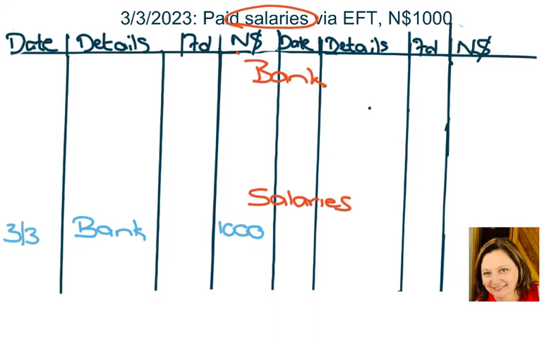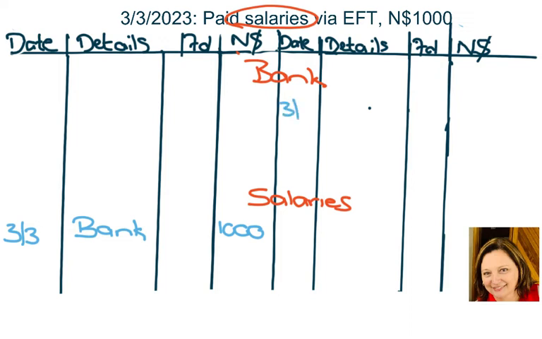My next entry, remember, for every transaction I need 2 entries. So the next one is in the bank. The bank is also a form of an asset, but now we are paying from the bank, so we are decreasing the bank. And remember, when we decrease the bank, it will be on the credit side.